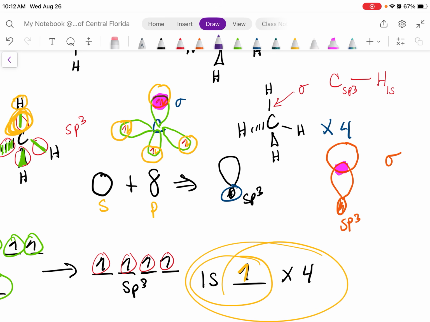So if I asked you what orbitals are used to form that bond, it would be the same exact answer. Okay, and those would be sigma bonds, because when you go back to this picture right here, it's head-to-head overlap.